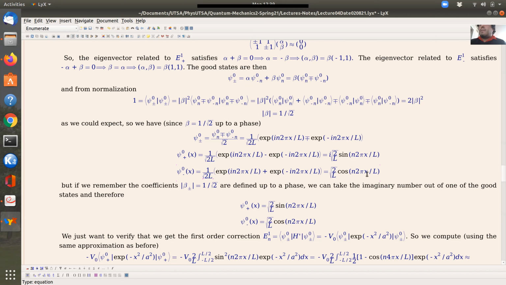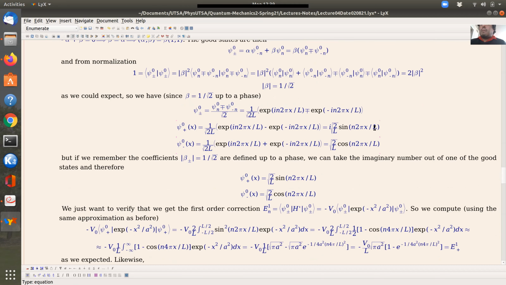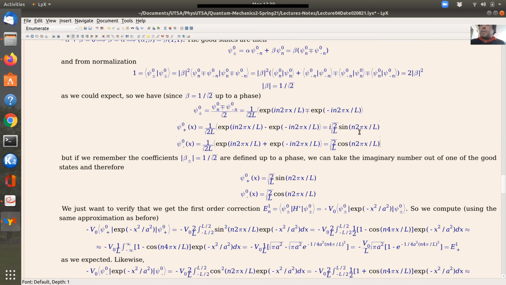And then you have twice the real part. That's why the cosine is coming. This is in a way equivalent to saying that complex exponentials can be represented by sines and cosines. The important thing is that these are the good states. We have found them by solving the eigenvector problem. And again, we remember that the coefficients beta plus minus are defined up to a phase.